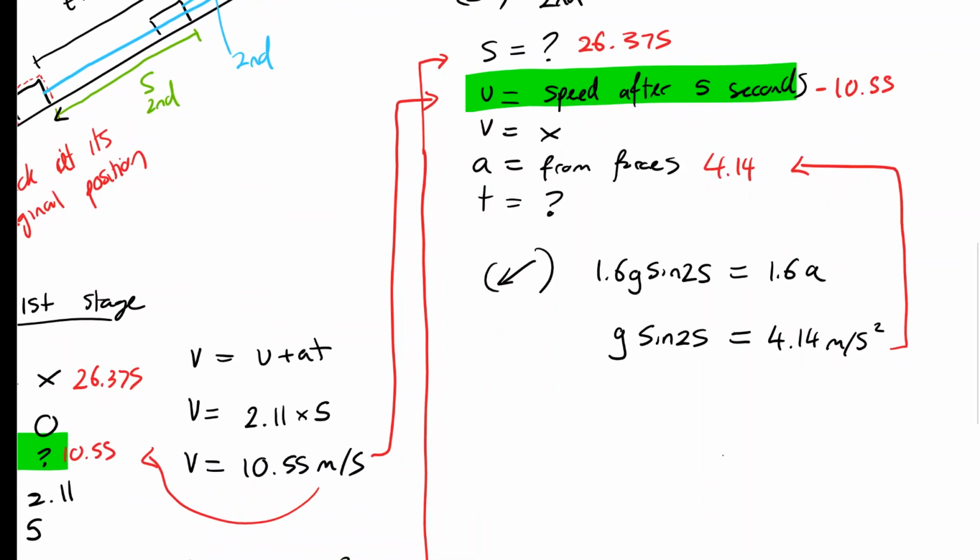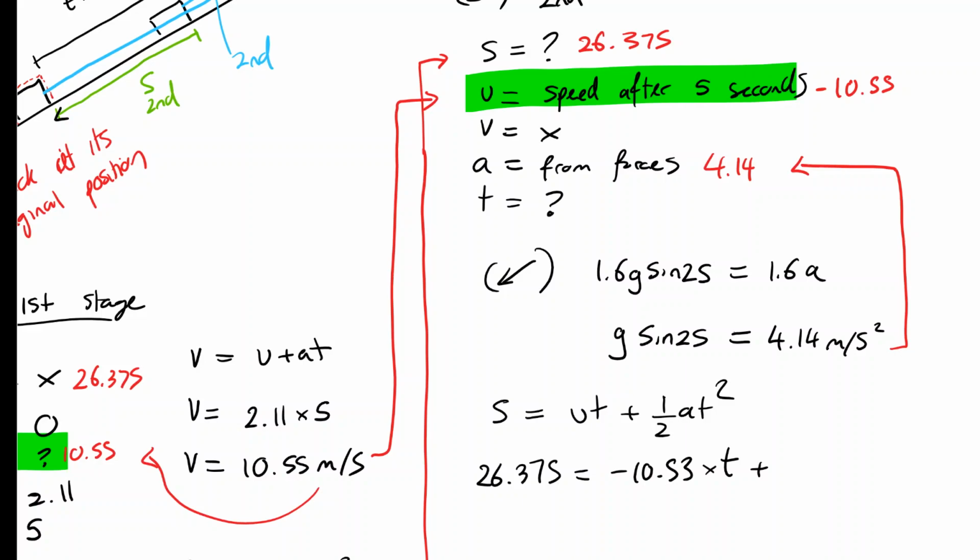Okay, we now have enough information to work out t, so we just want the equation that doesn't have v in it. So we've got to use s equals ut plus 1/2 at squared. So 26.375 is equal to minus 10.53 times by time plus 1/2 times by 4.14 multiplied by t squared.